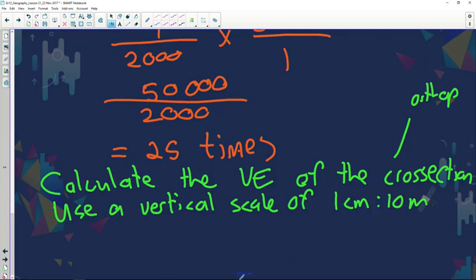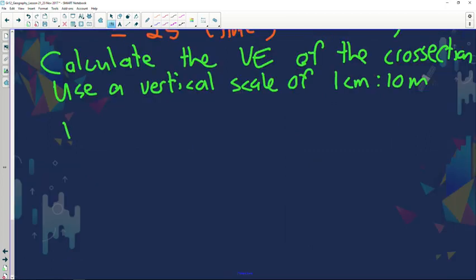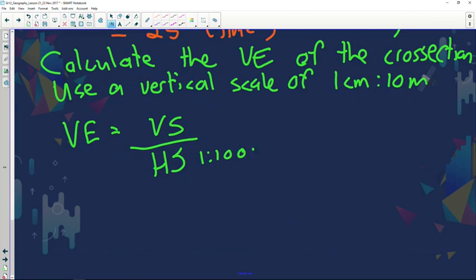Now what's the formula? Vertical exaggeration equals vertical scale over horizontal scale. The cross section was on the orthophoto, so we know the horizontal scale is 1 to 10,000. Now 1 centimeter represents 10 meters. How many centimeters are there in a meter? 100. How many in 10 meters? 1,000.